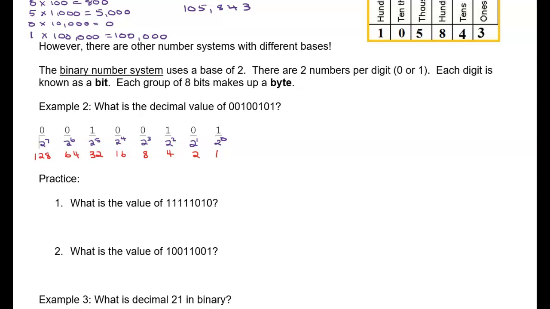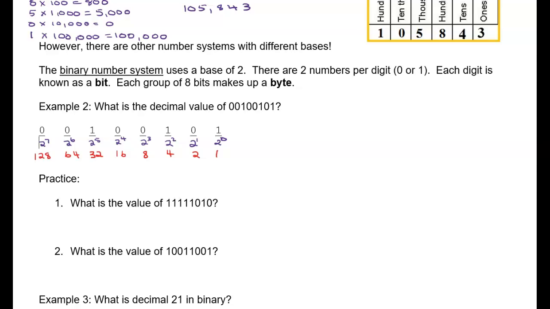Here, what that means is that I have 1 one, 0 twos, 1 four, 0 eights, 0 sixteens, 1 thirty-two, 0 sixty-fours, and 0 one-twenty-eights.